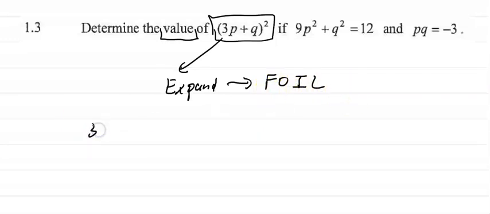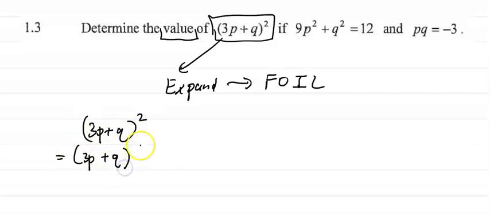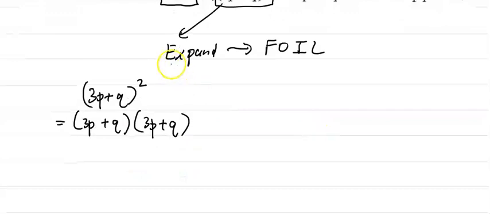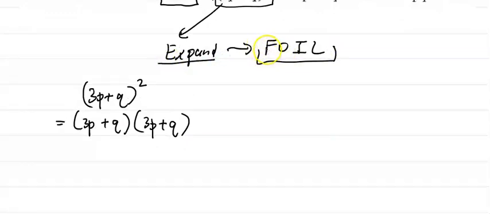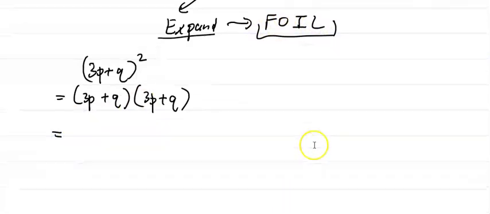So we're going to say 3p plus q all squared equals 3p plus q times 3p plus q. So we've expanded, so that's done. Now let's use the FOIL method, which is to multiply the first, then the outer, then the inner, then the last. Now this is very similar to what we did in the previous example here.